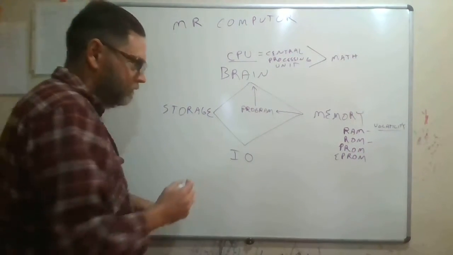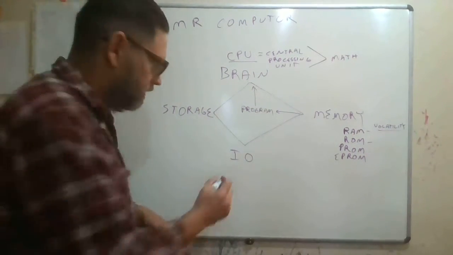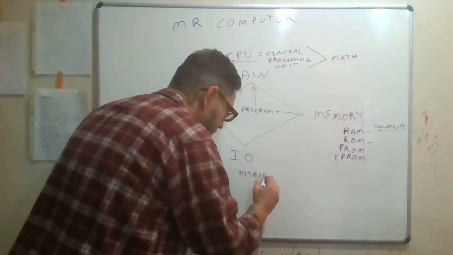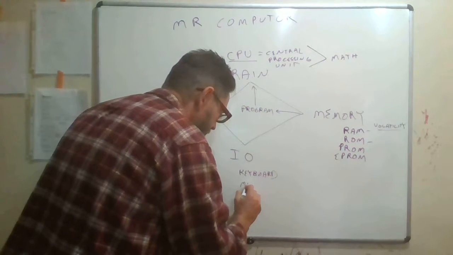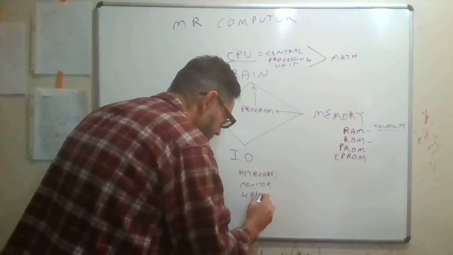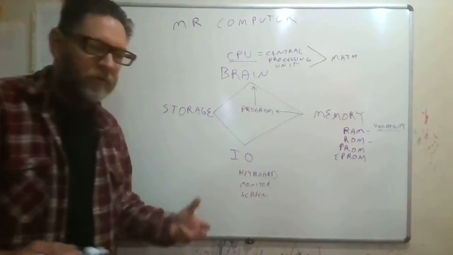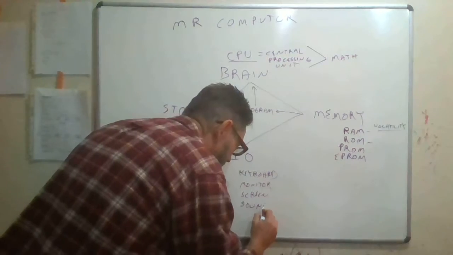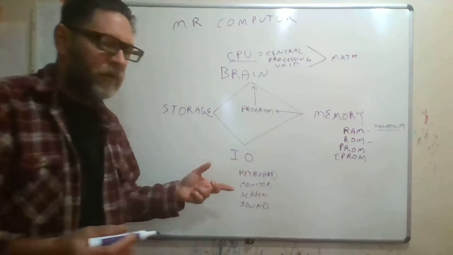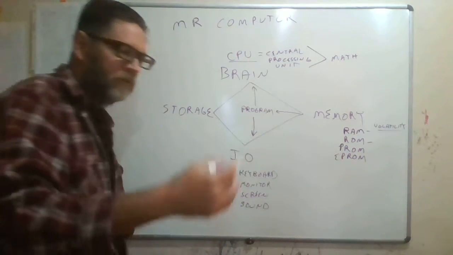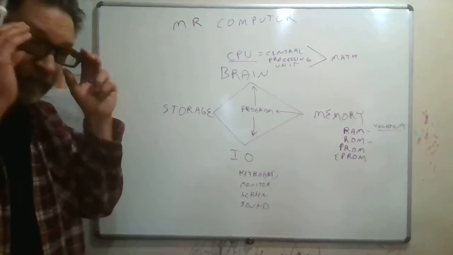Then you have I/O. I/O is things like a keyboard, a monitor, a screen. All the ways that the computer talks to you. It could be sound. The I/O is where this program sends stuff to communicate with you.